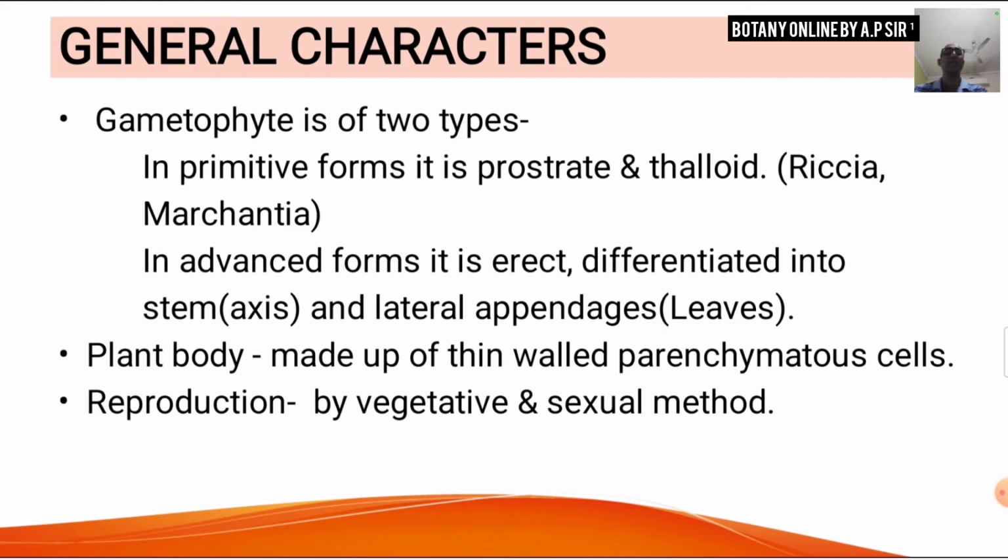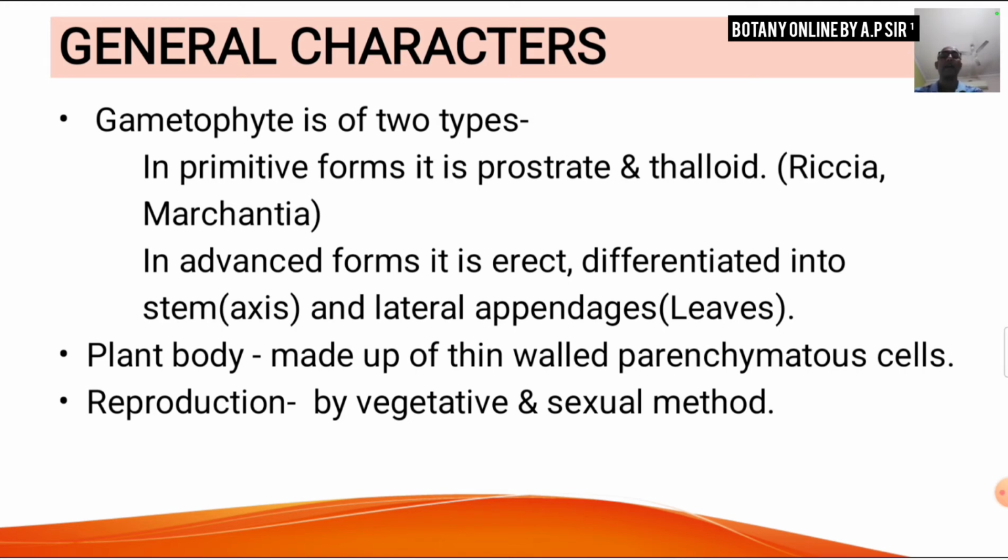So, in primitive forms of bryophytes, that is earlier bryophytes, the gametophyte is prostrate and thalloid. Whereas in advanced forms of bryophytes, it is erect and differentiated into stem and lateral appendages. We do not call it a stem, we call it an axis in advanced bryophytes, and the lateral appendages are otherwise known as leaves.